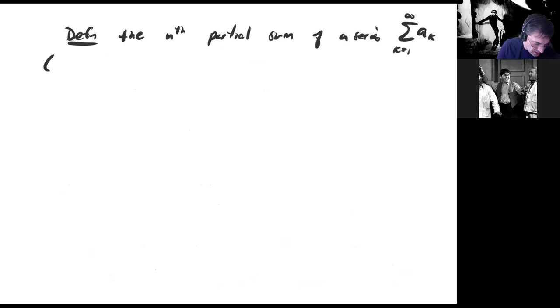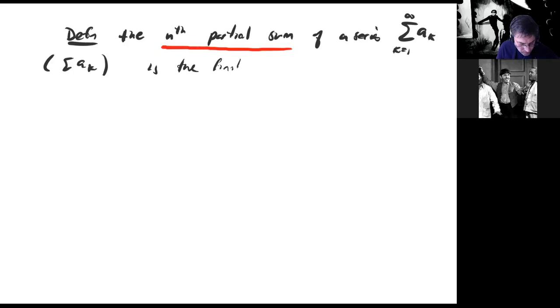So the nth partial sum is the finite sum S sub n, which is a1 plus a2 plus a3 all the way up to the nth term.